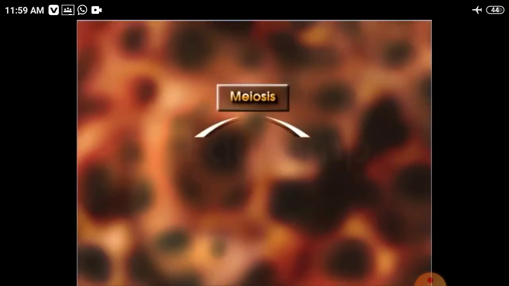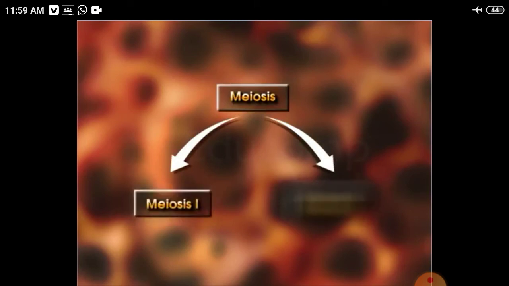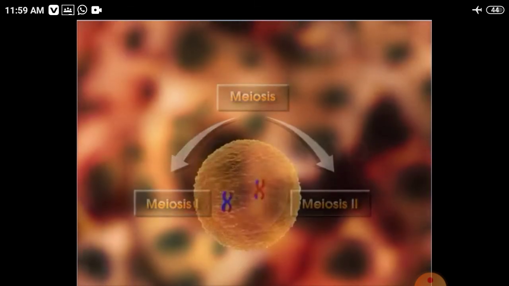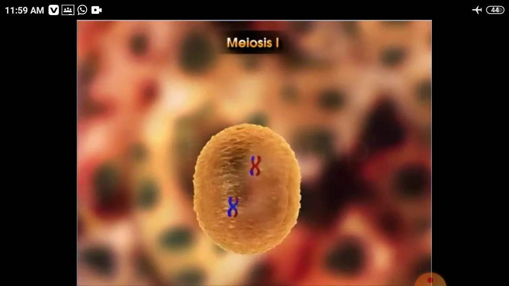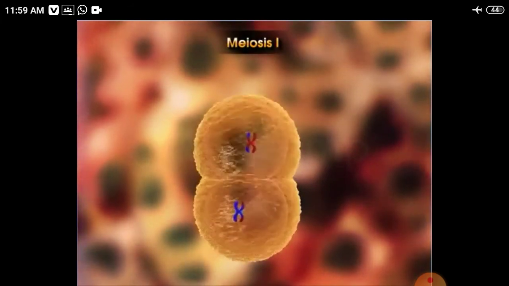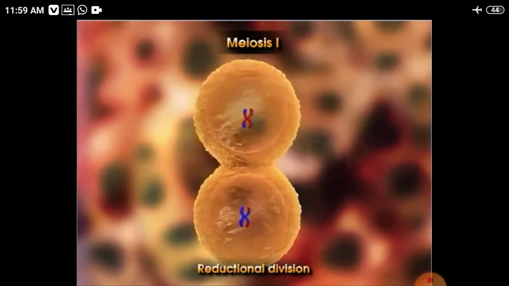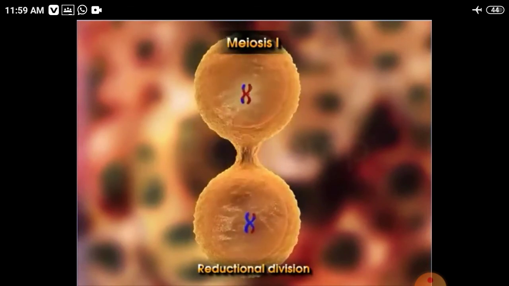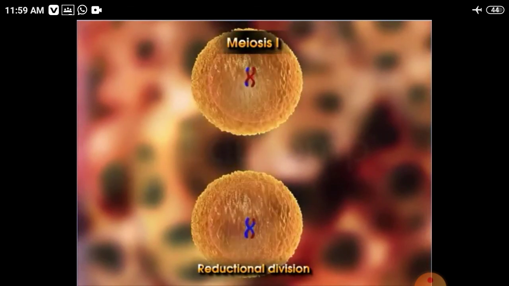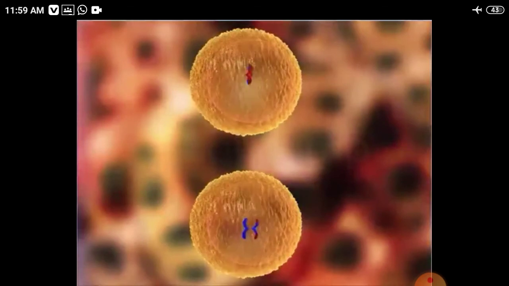Meiosis involves 2 steps, meiosis I and meiosis II. Meiosis I is the reductional division in which the chromosome number gets halved. Meiosis I is followed by meiosis II after a very short interphase called interkinesis, during which DNA replication does not occur. Unlike meiosis I, meiosis II is an equational division.